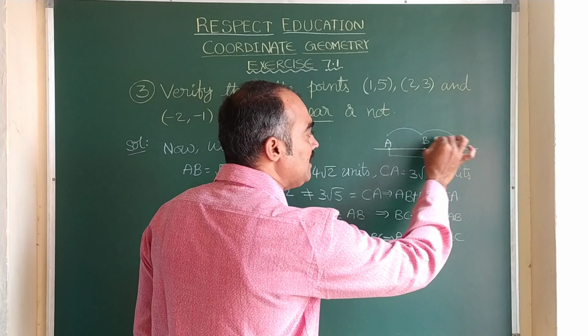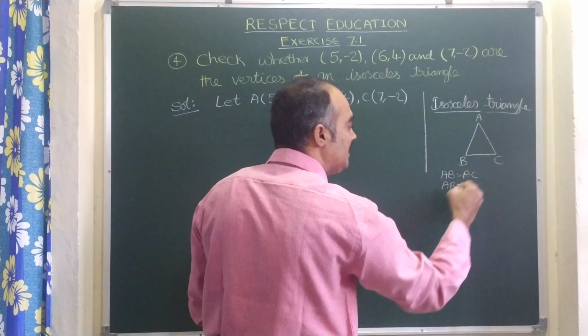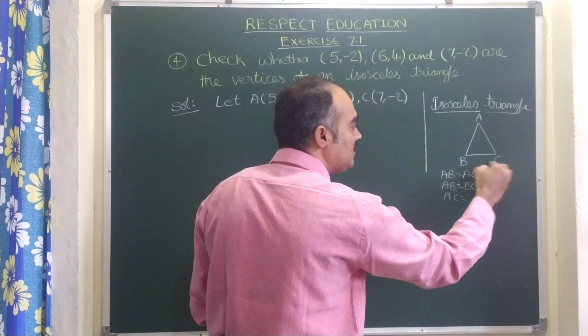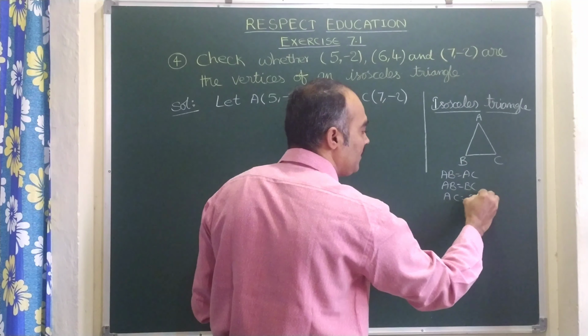So out of these 3 chances, see here I am writing AB is equal to AC. From A I started, AB equal to AC. From B, BA, nothing but AB equal to BC. With C, CA means AC is equal to CB means BC.